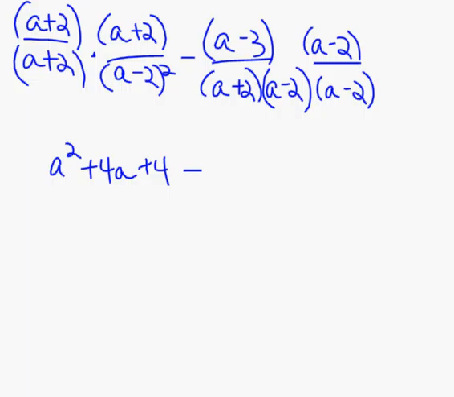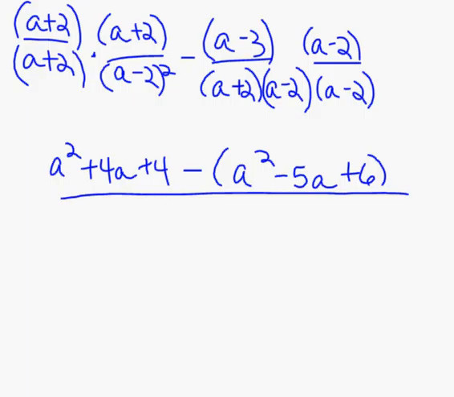If you need to go write it on scrap paper to get that polynomial, feel free to do that. Now I'm going to draw parentheses here because I'm subtracting the product I get when I FOIL those two binomials. So first, a times a is a squared, outer is minus 2a and inner is minus 3a, which gives me minus 5a, and last is plus 6 over my common denominator of a plus 2 times a minus 2 squared.